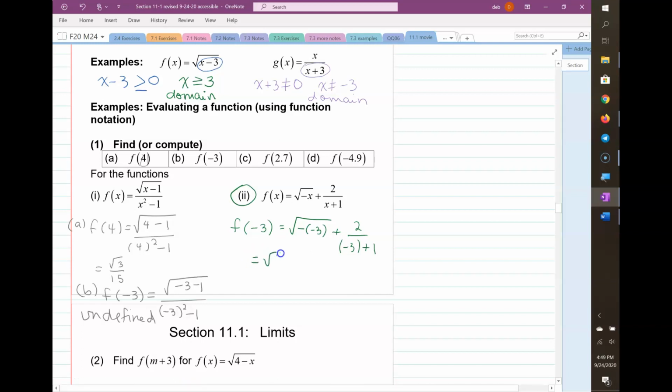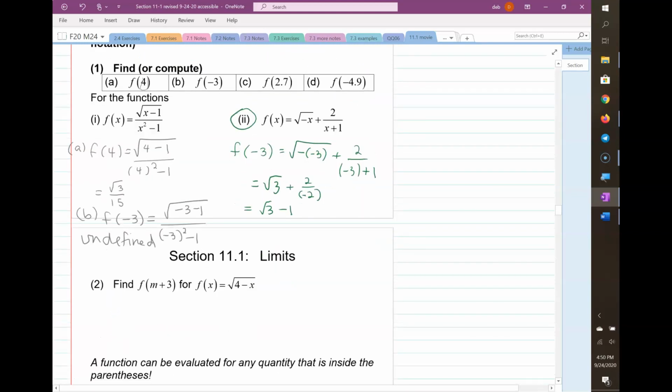So that's going to be the square root of 3 plus 2 over negative 2. Well, that's going to be the square root of 3 minus 1. Okay, so you have some homework problems to practice on those, and I want you to practice using the notation. Make sure you're writing this f of negative 3 part and then saying what it is.